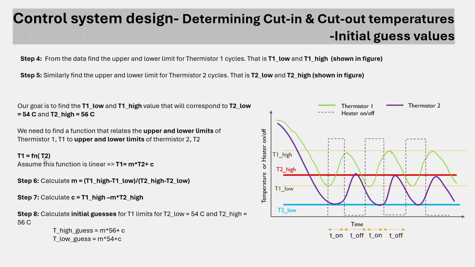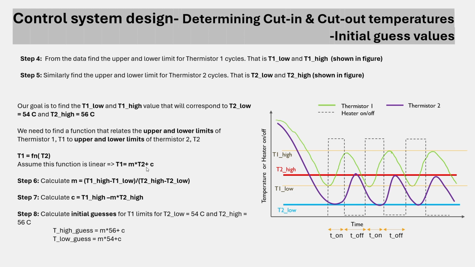We are looking for T2 between 54 and 56. What we assume is that the function is linear. T1 is a linear function of T2, okay? Which is not true, and that's why this is a trial and error method.